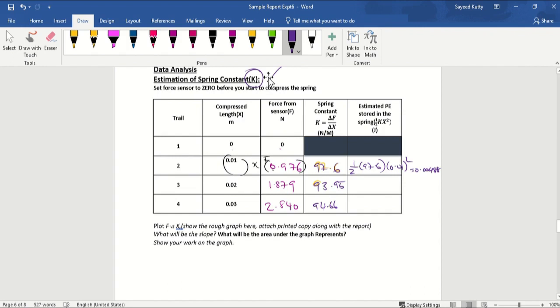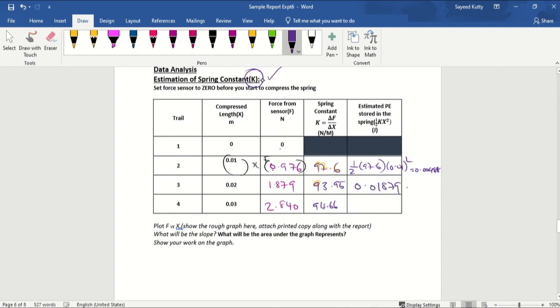Here I will calculate the potential energy the same way: half into 93.95 times 0.02 squared. So it is 0.01879.